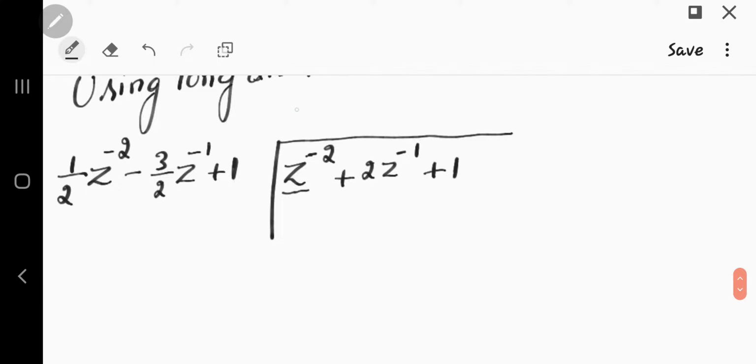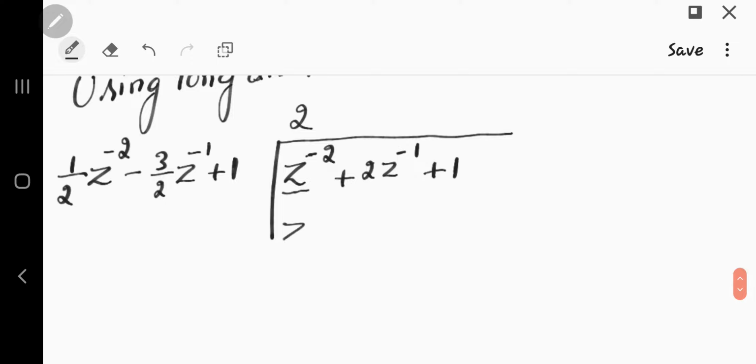So we have to select the quotient in such a way that it should be equal to z to the power of minus 2. If you observe, the first term is 2 z to the power of minus 2, but we have the coefficient 1 by 2. Now to eliminate that 1 by 2, we have to multiply with 2. So 2 and 1 by 2 will get cancelled. You will remain with z to the power of minus 2 only.